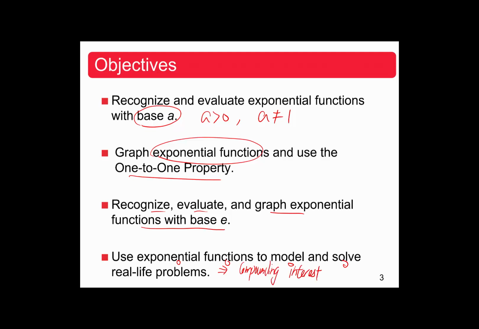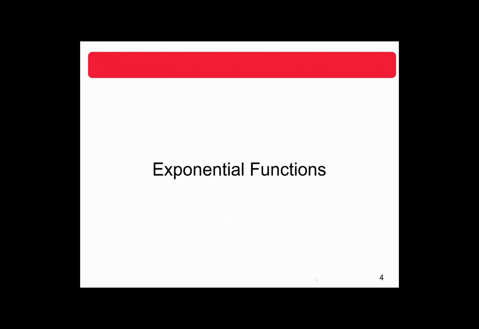Okay, so first of all, let's look at the exponential function. A typical exponential function looks like this: a to the x. Here a is what we call the base. a is greater than 0 and a cannot be 1.